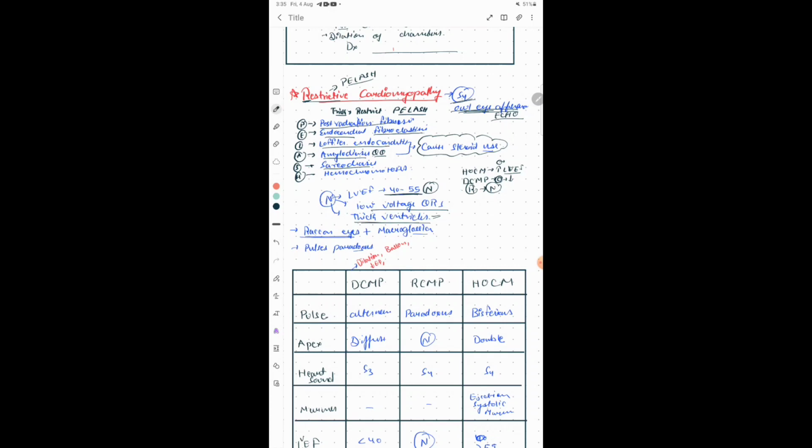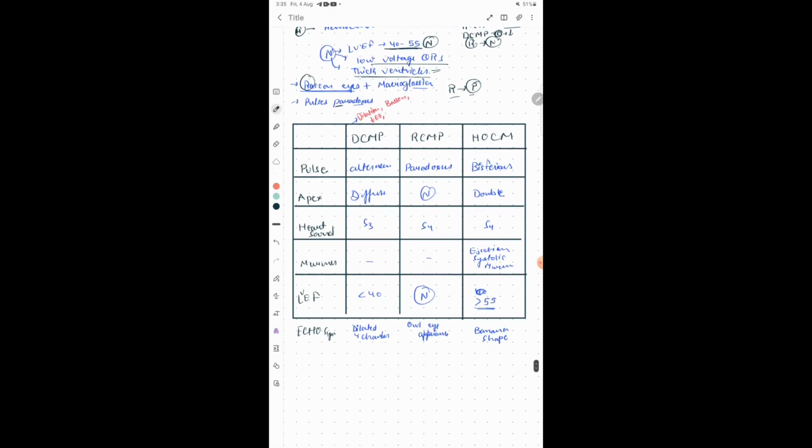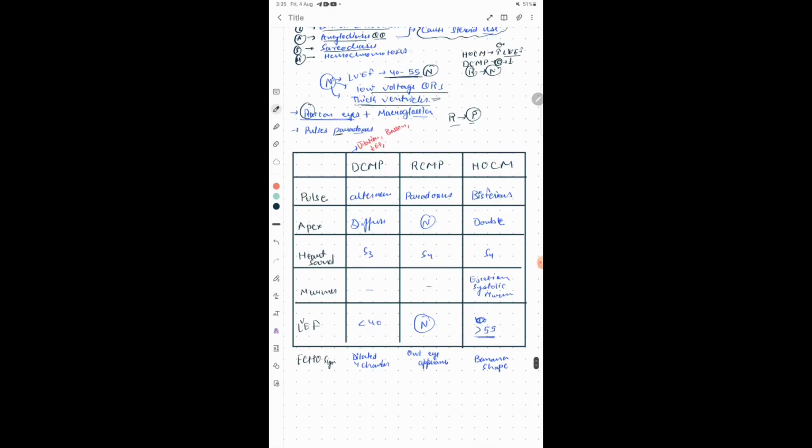In this you will see R for raccoon eyes, and the pulse is pulsus paradoxus. You have to learn this chart for your MCQs.